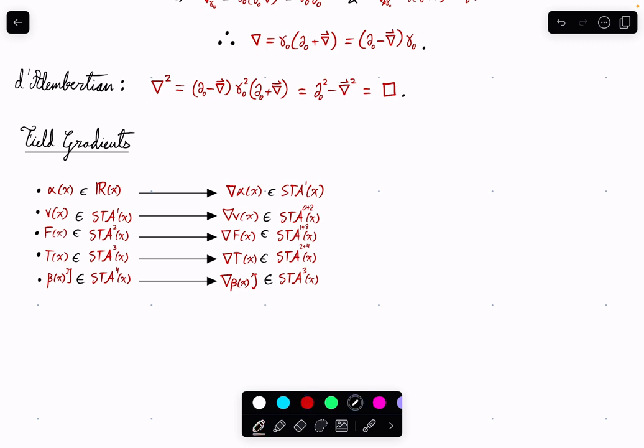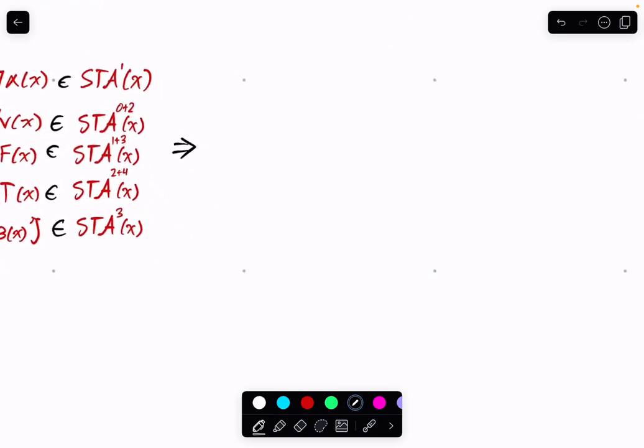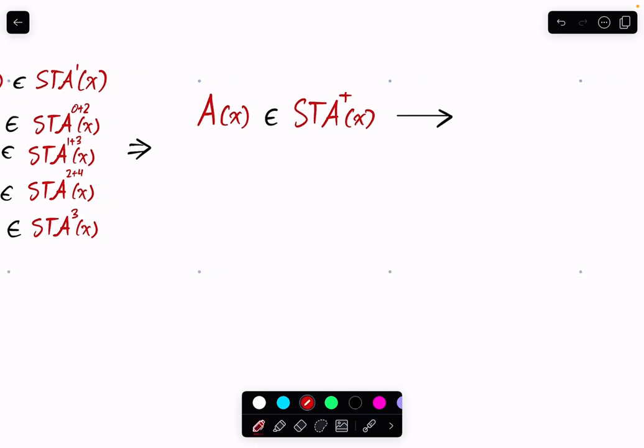And so there's a pattern, and that is that if you have a field that is an element of the even subalgebra, then the gradient of that field is in the odd subspace.